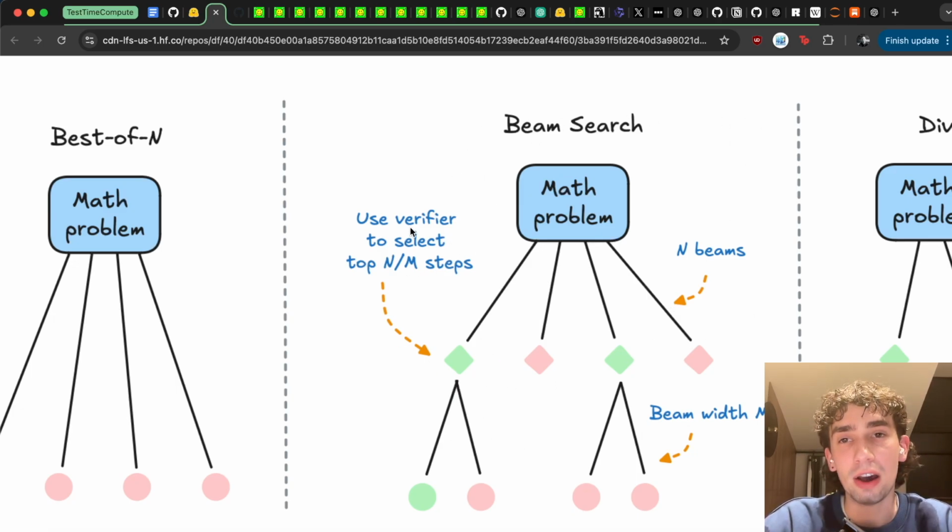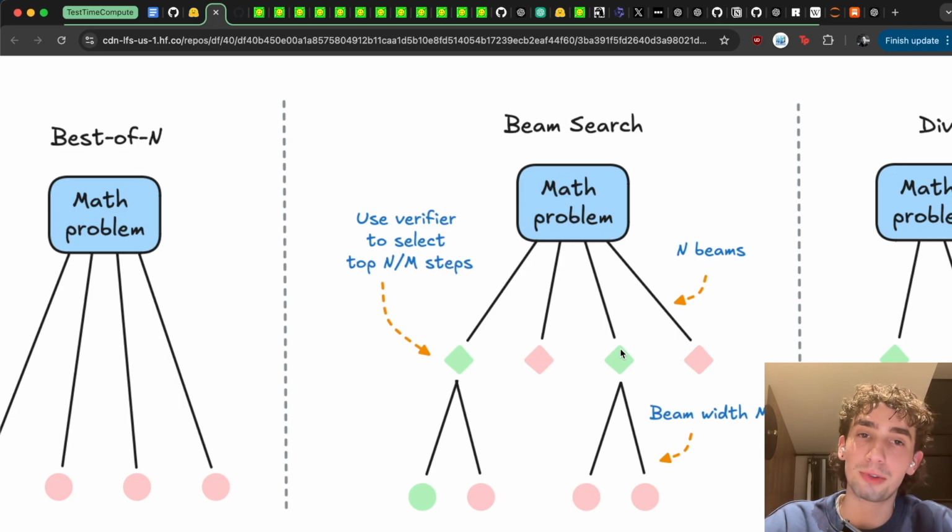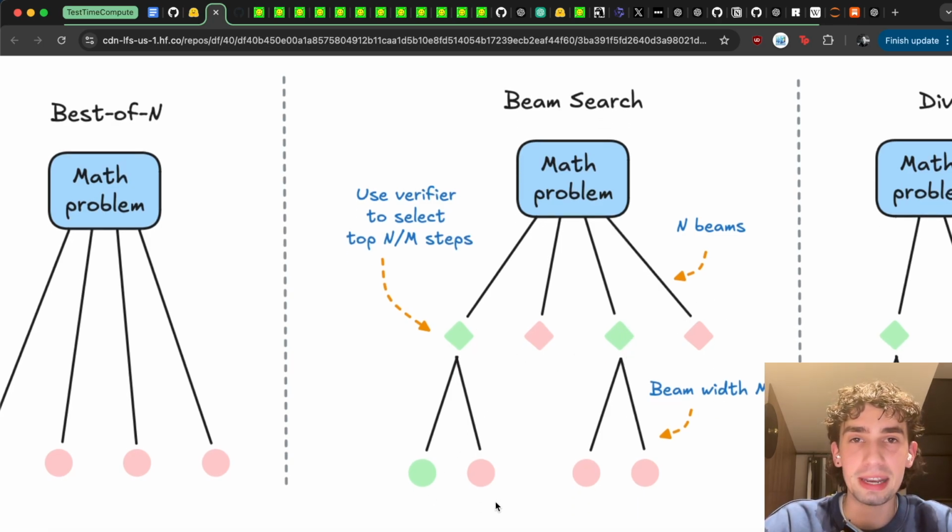We'll then apply our process reward model to score that first step. And then only those up to some threshold of high scores will be kept, and the remaining nodes will be disregarded. We'll then expand out our tree here to generate multiple additional answers starting from those steps.